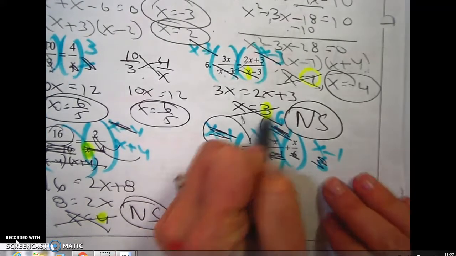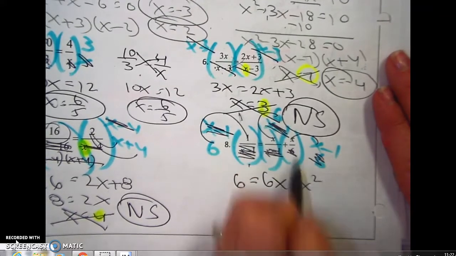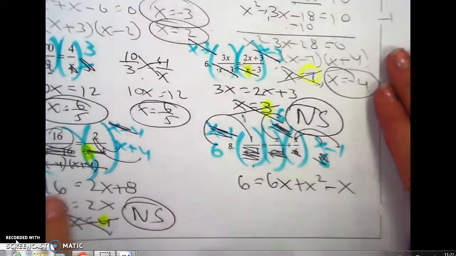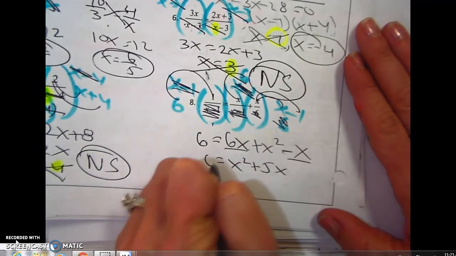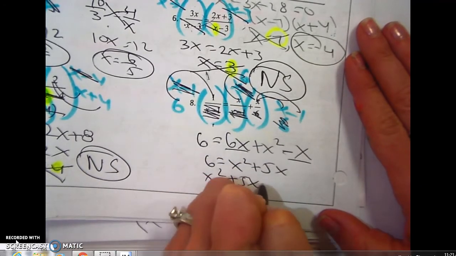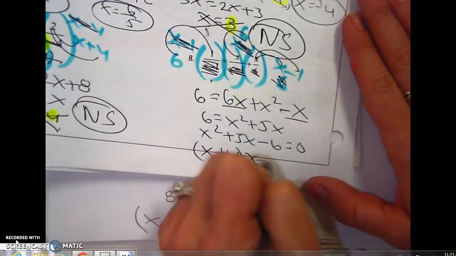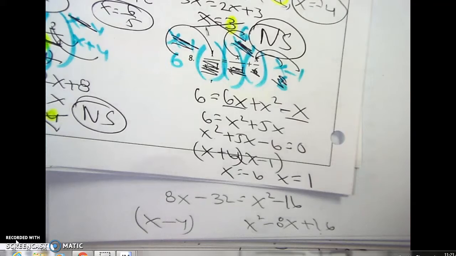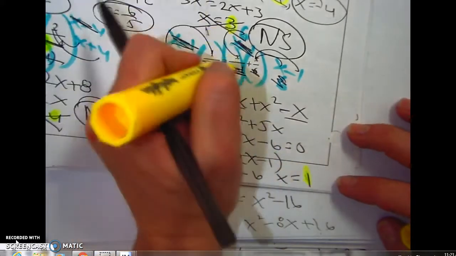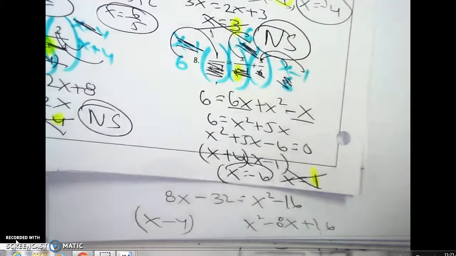And I have x times 6 is 6x. x times x, x squared, minus x. Now set it equal to 0. Always check for extraneous solutions. If I plug in 1 in the denominator, I'll get a 0. That one's out. The answer is -6.